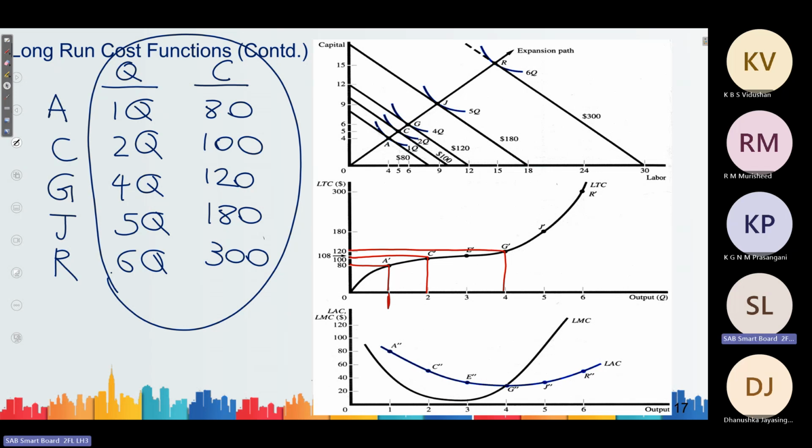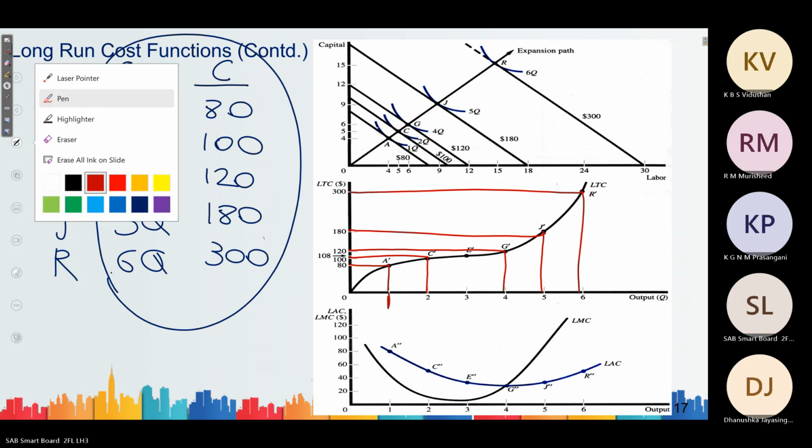And next, to produce the 5Q level of output, it requires 180. And finally, to produce the 6Q level of output, it requires $300. So likewise, we can draw these quantity data and cost data between these two axes. The vertical axis represents total cost and the horizontal axis represents quantity or output.